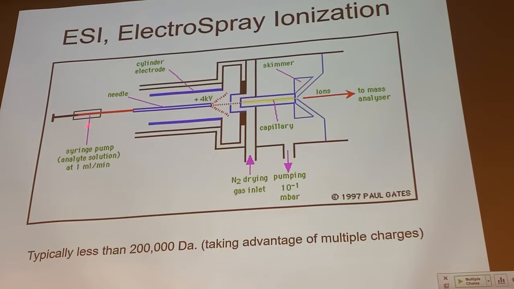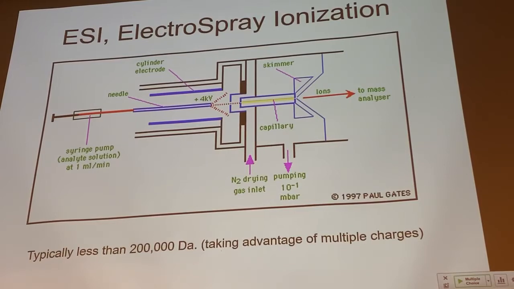So what happens is you have a syringe pump, you have this needle that has a very high potential on it that spits out these charged droplets. So you have your solution, and those droplets are charged. Then that goes through this area with a drying gas, nitrogen typically. And so the nitrogen is going to evaporate some of your solvent molecules.